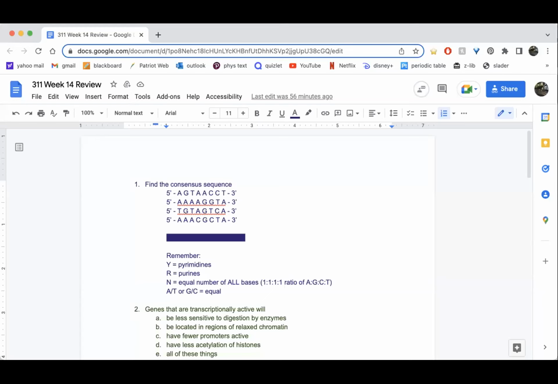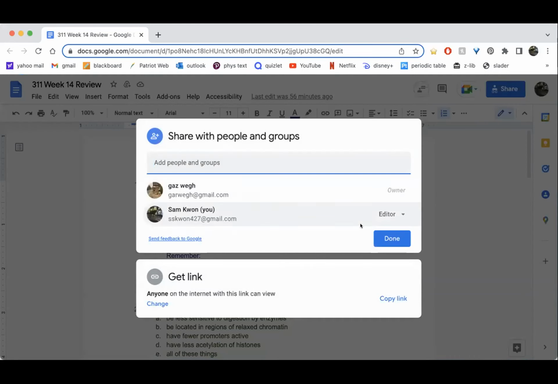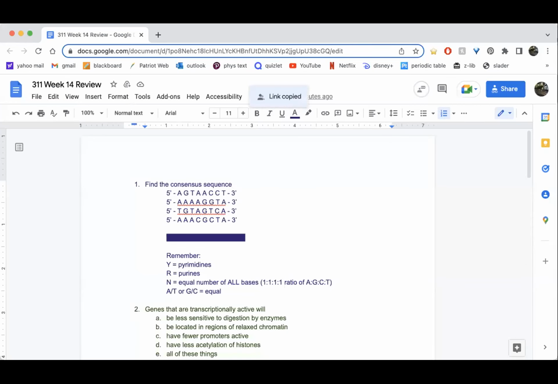All right. So the first question is going to be about consensus sequences, and let me share the document so that everyone can see it. All right, cool.